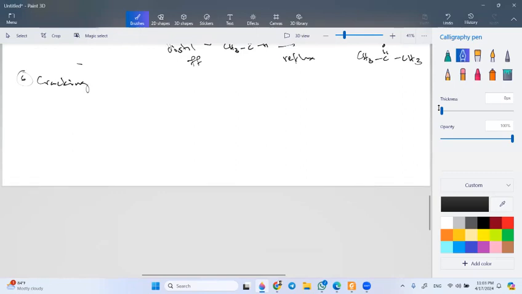In cracking, we take some long chain hydrocarbon alkane and we supply around 400 to 500 or 600 maybe temperature. And we can use alumina or a zeolite, SiO2 even fine. So you'll be getting an alkane and alkene, right? It's a mixture of alkane and alkene.